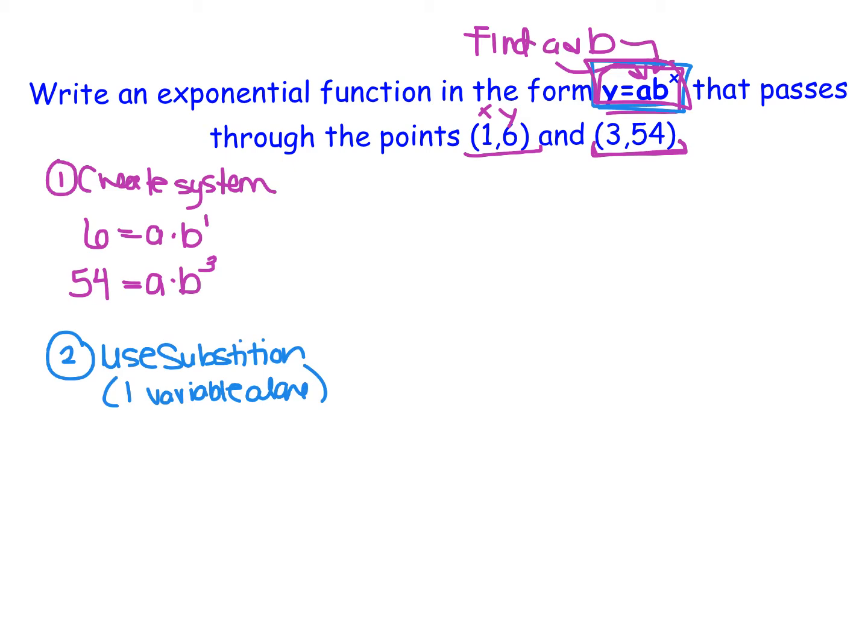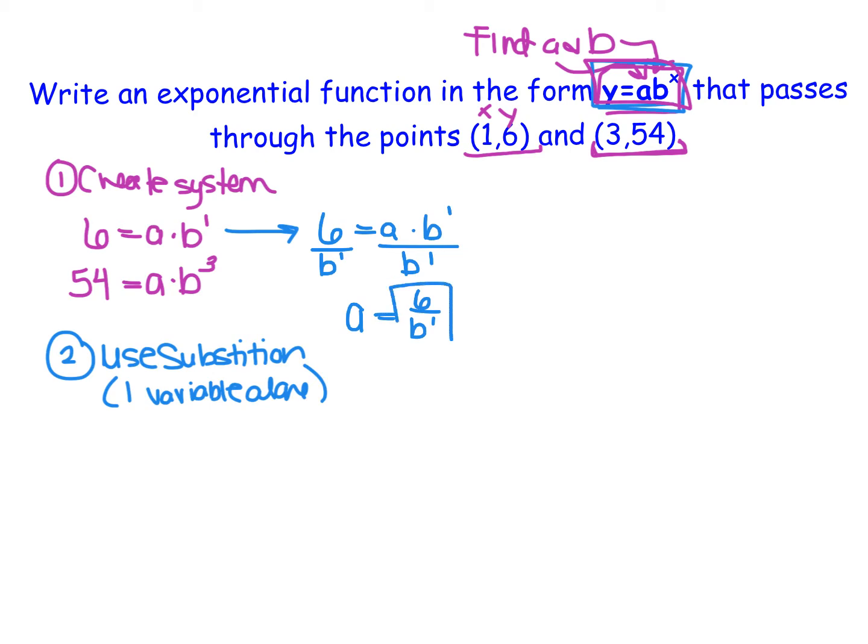It doesn't matter which one, but I suggest picking a because it doesn't contain an exponent, so it's a little bit easier to get alone. So I'm going to get a alone in this particular equation. In order to do that, I need to divide both sides by b to the power of 1. So here we know that a is equivalent to 6 divided by b to the power of 1.